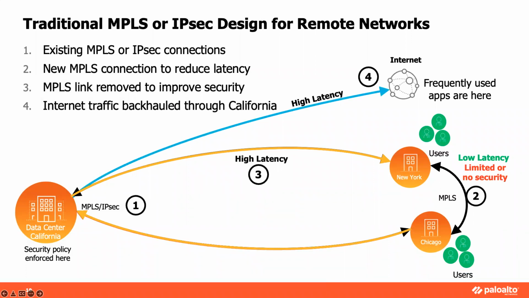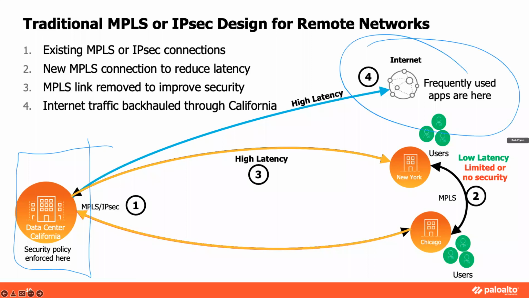And if a user has to go out to the internet, which is where things are these days, no longer, as we were talking about, do you really have your data and your information inside a data center? Well, it's all up on the internet. It's in the cloud. It's all those places.